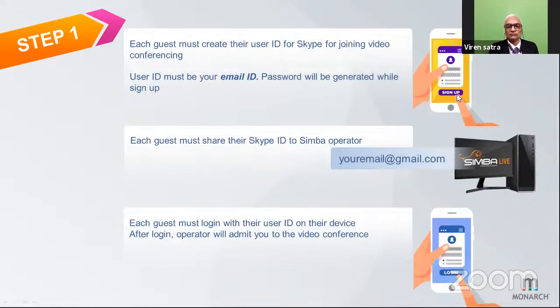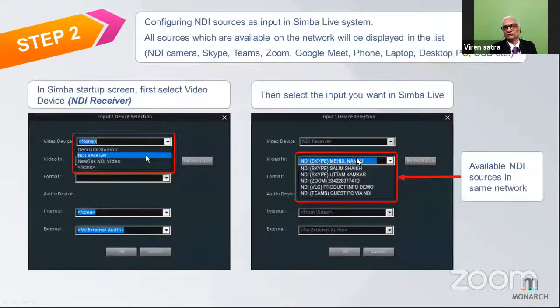So first you have to sign up, then your Skype ID must be sent to the Simba operator. Then the Simba operator will admit you to the conference, and when you log in, your video will be streamed directly.